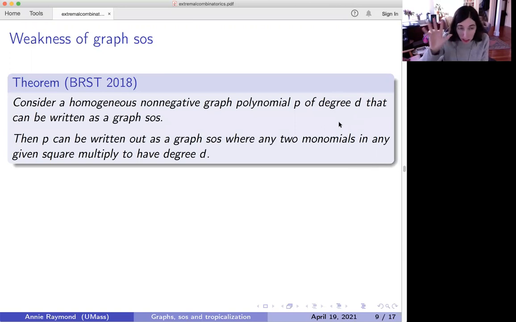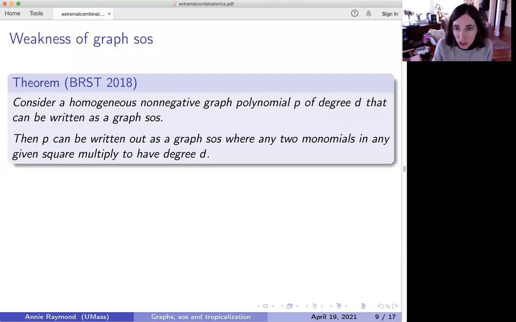And so let's say that I look at a polynomial that can be written as a graph sum of squares. Then I know that in that case, there does exist a very, very specific way of writing my sum of squares, where any two monomials in any given square multiply to have degree d.